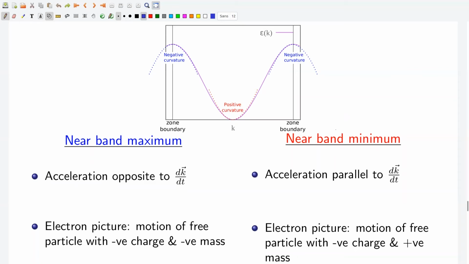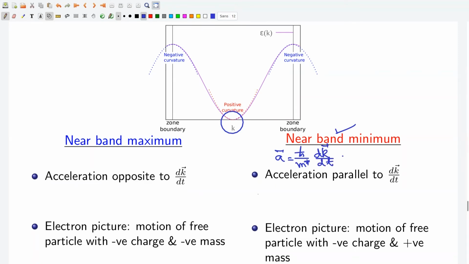If we look at a region near the band minimum, that is this region, then it is very similar to the free electron picture. The acceleration is parallel to dk dt, and we can write a is equal to h bar by m star dk dt.